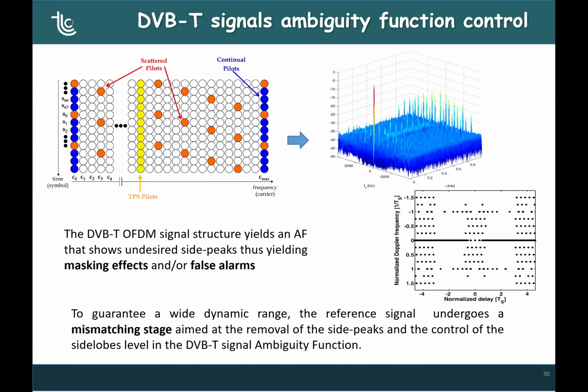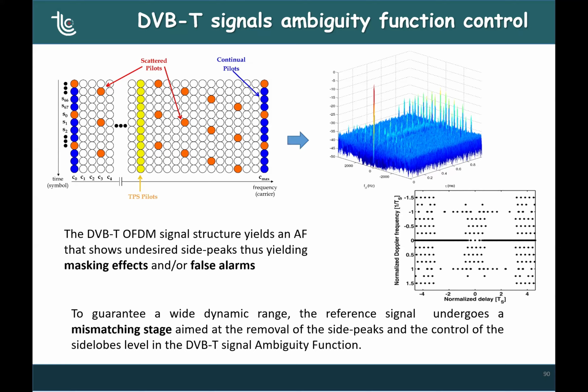A typical example that we have seen is the DVB-T signal, because as you can see here in the frame of the DVB-T, that is an OFDM signal, there are continual pilots in blue in the figure upper on the left-hand side of the slide, and there are also scattered pilots in orange.